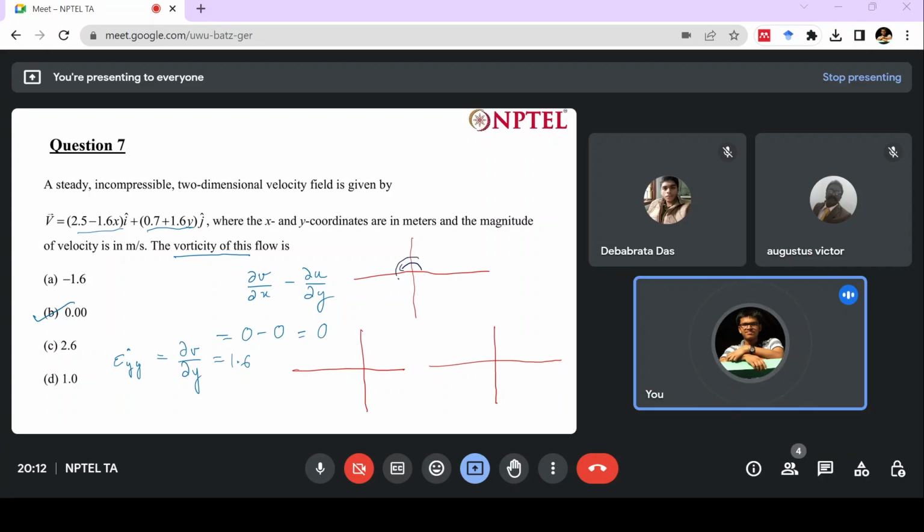These are the streamlines basically. Another option is like this.